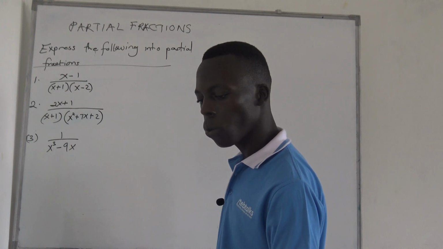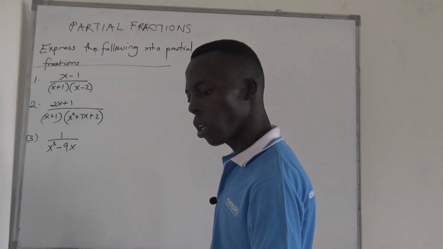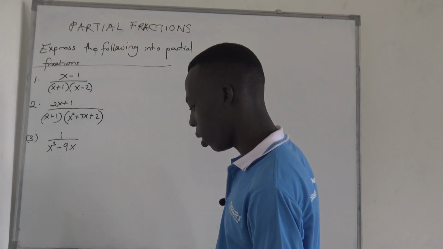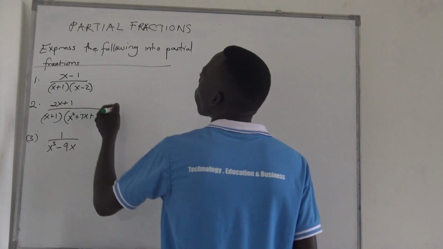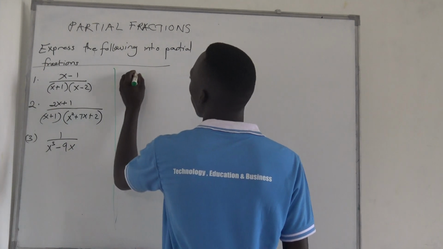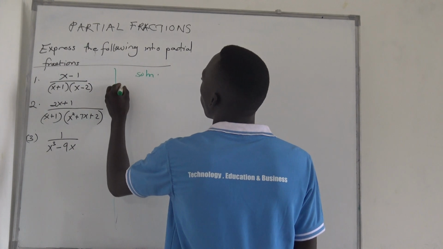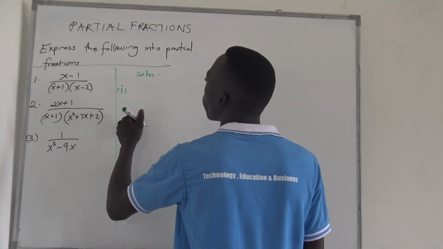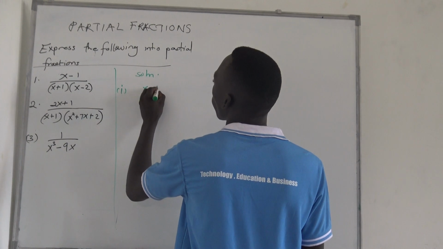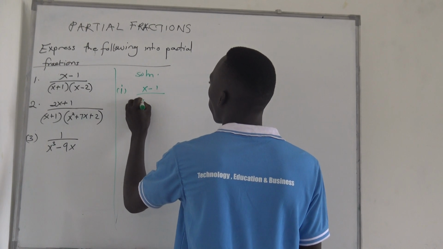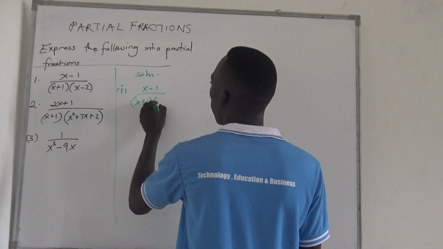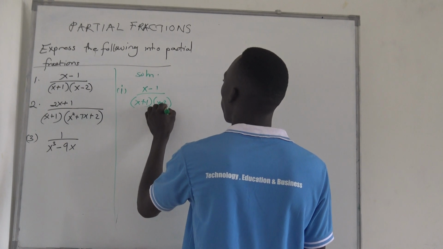Now we begin with the first question. Solution, number 1: x minus 1 over x plus 1 times x minus 2.